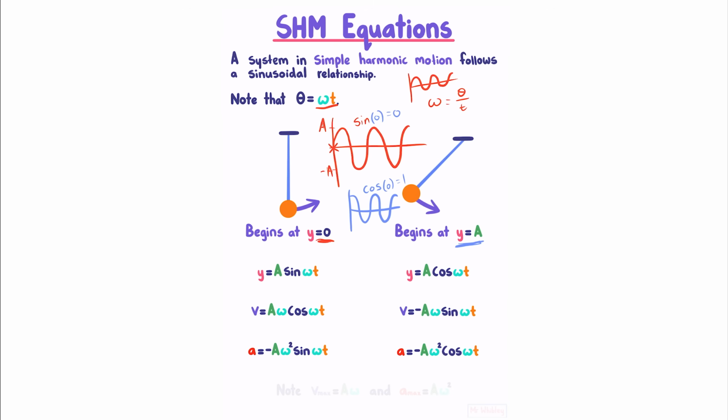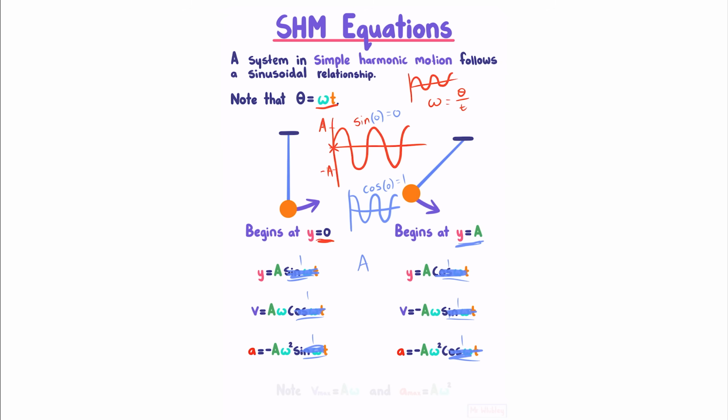And now let's ask the question, what is the maximum displacement, velocity, and acceleration? As mentioned, each of these trigonometric functions just go between 1 and negative 1. So the maximum that these equations can be is 1. And so we see our maximum displacement is 1 times our amplitude, which is just our amplitude, which shouldn't be surprising, as this is literally its definition.